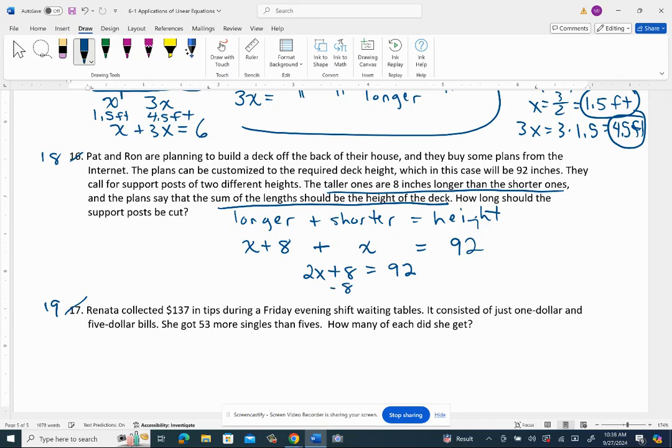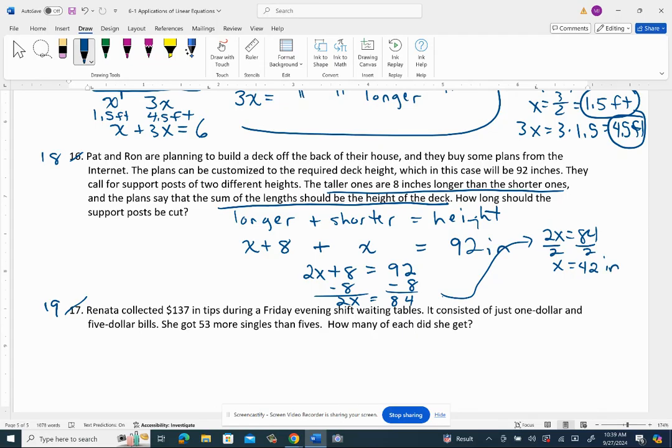And then I can just use the equation solving process to finish this. So I'm going to subtract 8. Okay, that would give me 2x would be equal to, what is that, 84? And then I would divide by 2. 2x would equal 84. So if I divide by 2, x would equal 42, and the units would be inches, since this was inches.